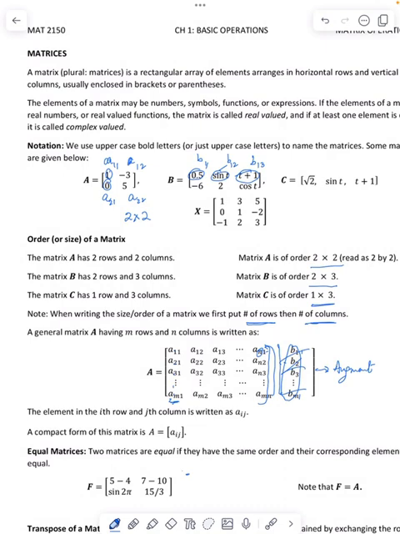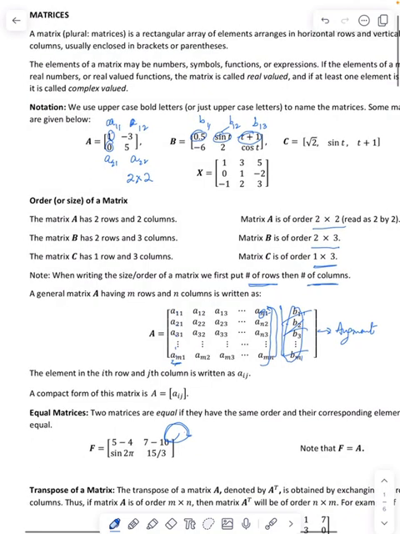Now two matrices are equal if and only if, first, their size is the same, and second, each corresponding entry is the same.